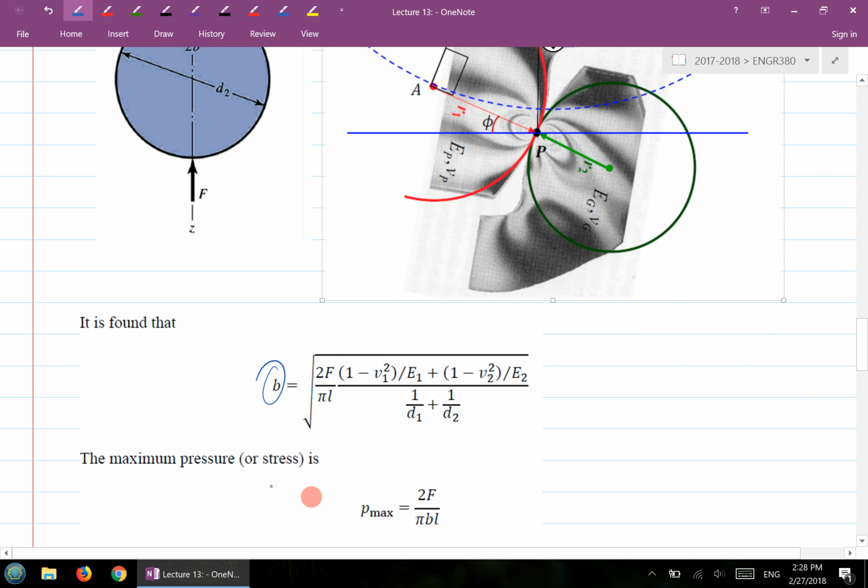So the maximum pressure is basically force divided by the area, and the length of the cylinder times the width gives you the area. So that's the Hertzian stress basically. You don't need to write this down here.